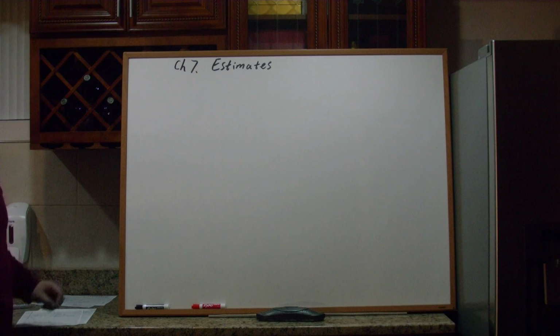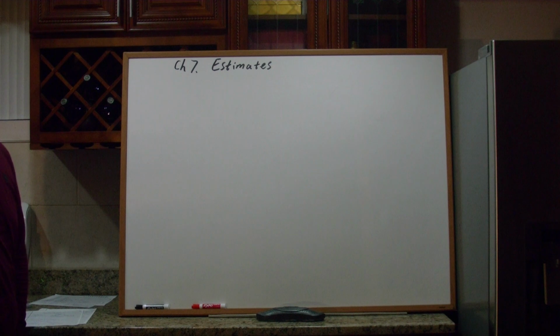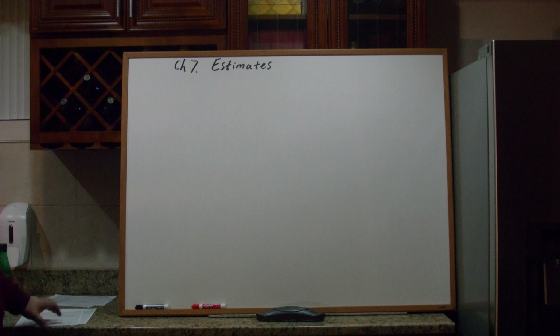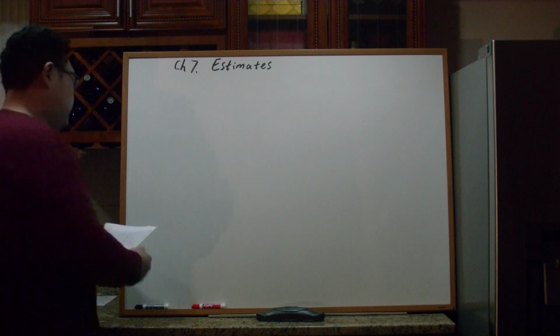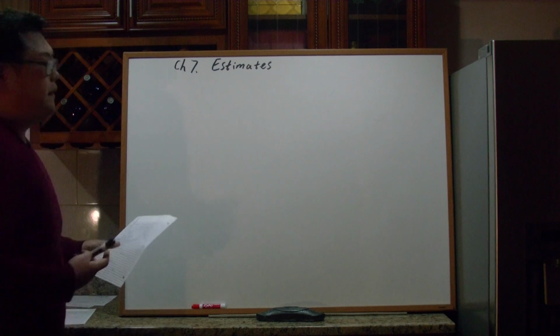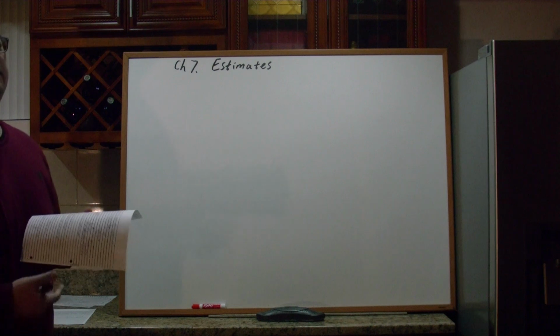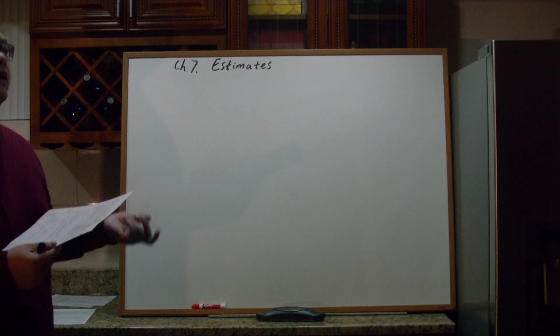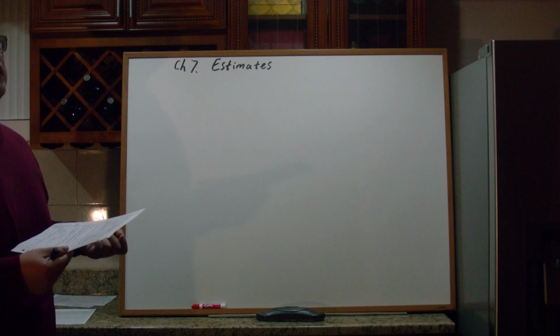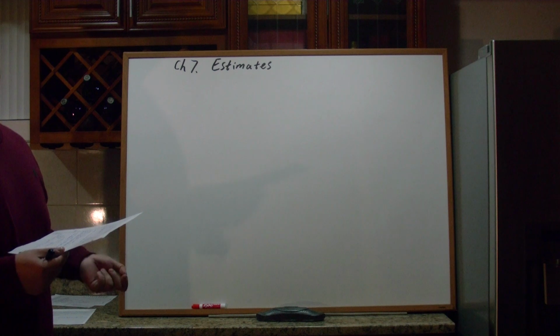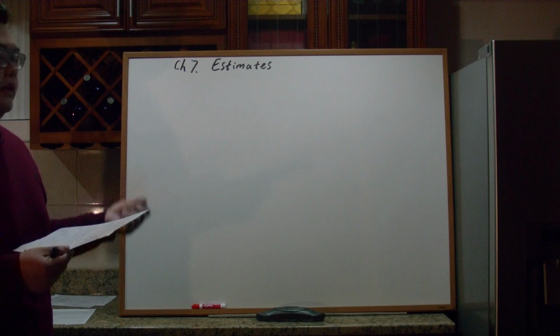Well, chapter 7 is about estimates, and chapter 8 will be something called hypothesis testing. Both of them are a little different from what we had done before. In the first chapter, we distinguished the population parameter, the sample, and the statistics, and the relation between them.